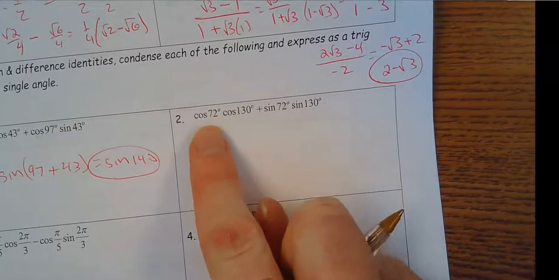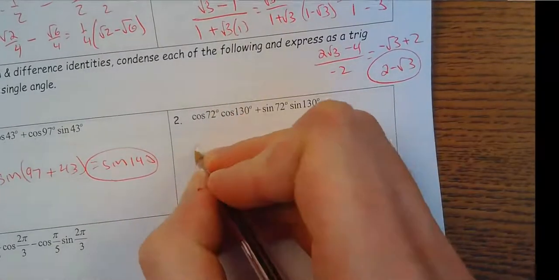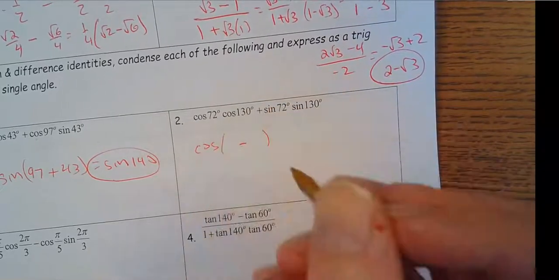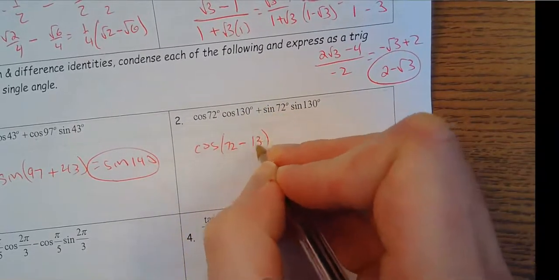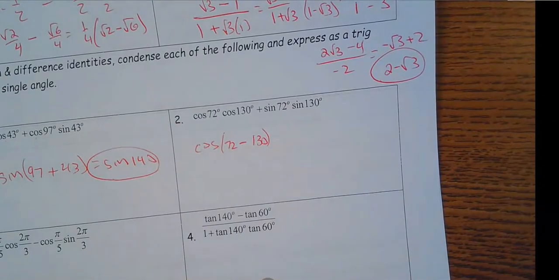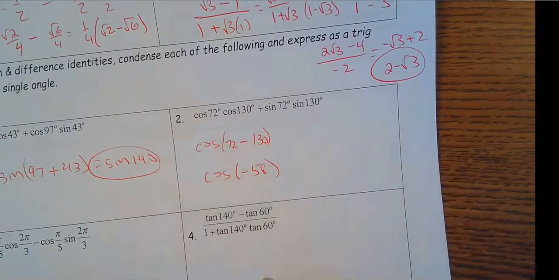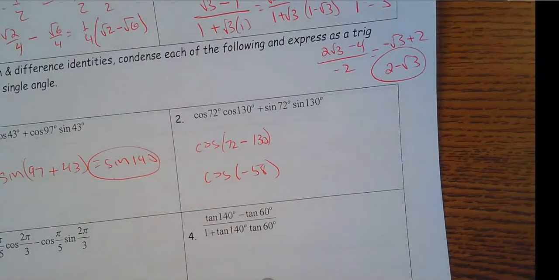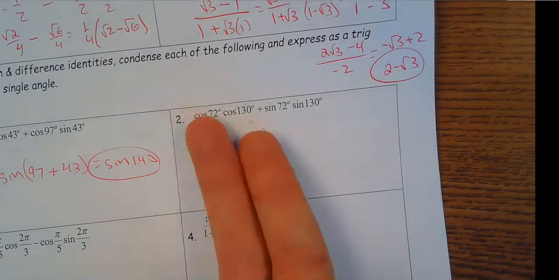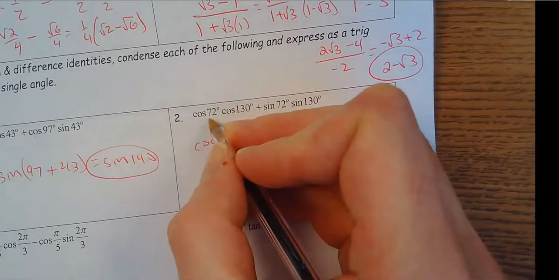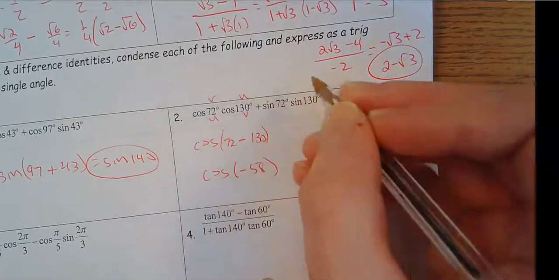This one here, they're using cosines, so it's cosine, and since it's plus, that means we're doing a minus. Their u and their v is 72 and 130. So they must be finding the cosine of negative 58. If you look at it closely, you could flip the order on this one, because maybe instead of being u and v, this was v and u.